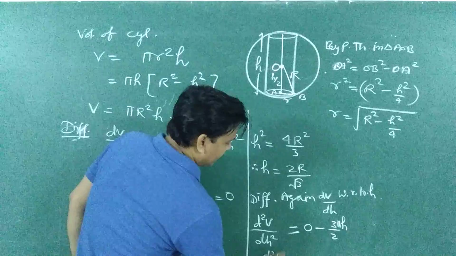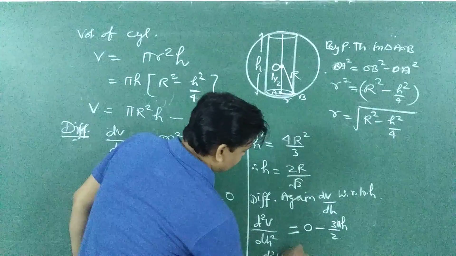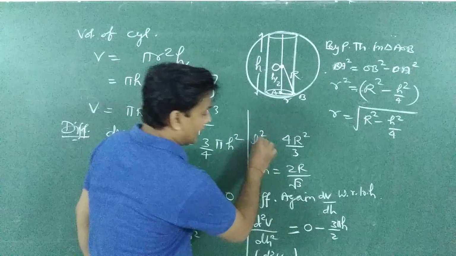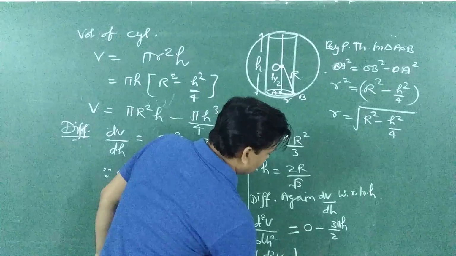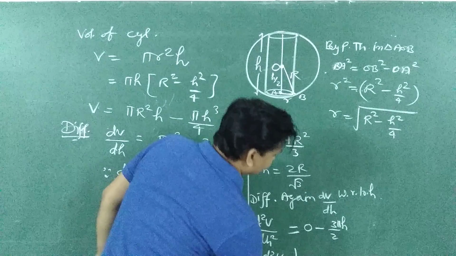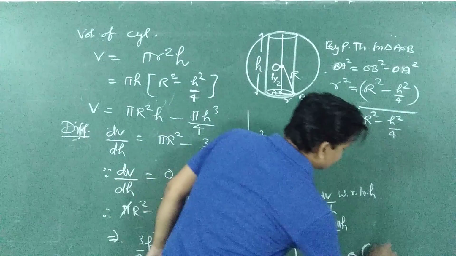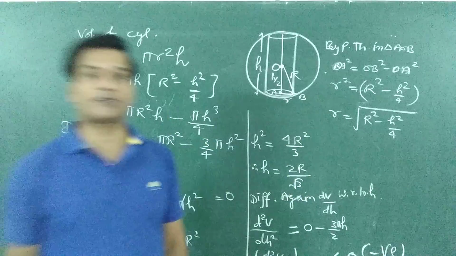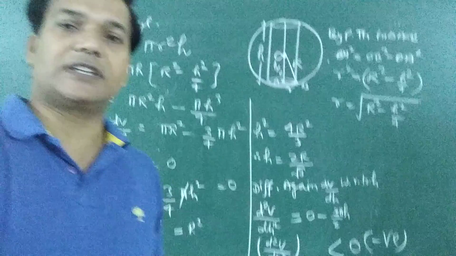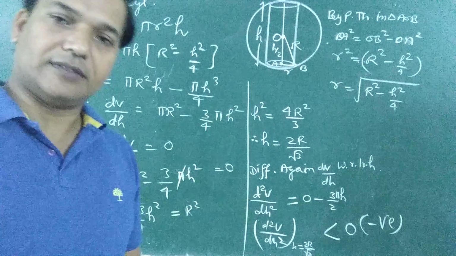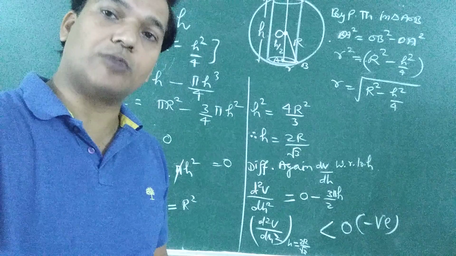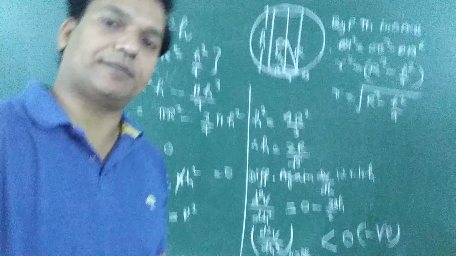So d2V by dh2 at h equals 2r by root 3 is less than 0, which means negative. And if this is negative, then the volume is maximum.